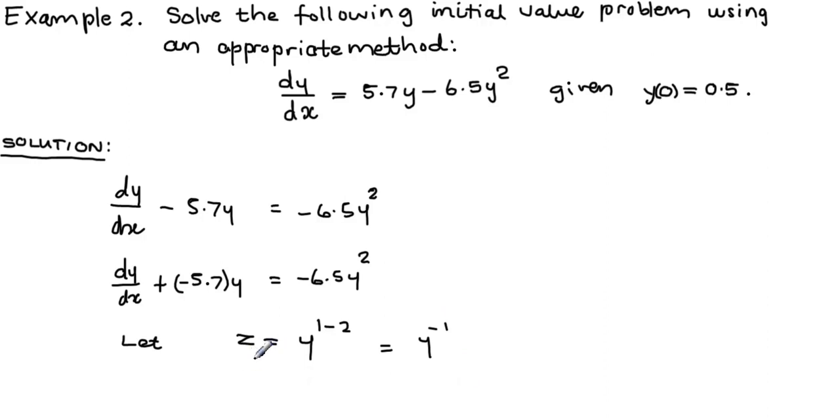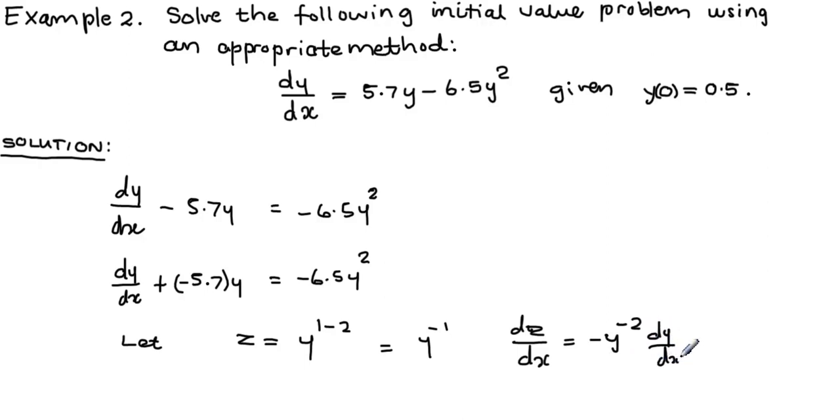In this case, it means you will have to rewrite this equation in terms of z. So for that, you need dz/dx. So dz/dx will be equal to minus 1 times y to the power minus 2 dy/dx.